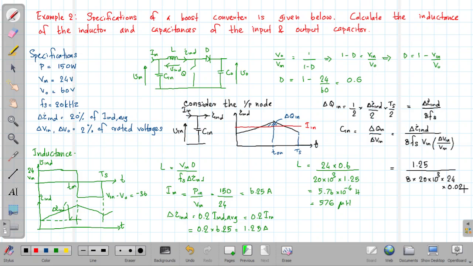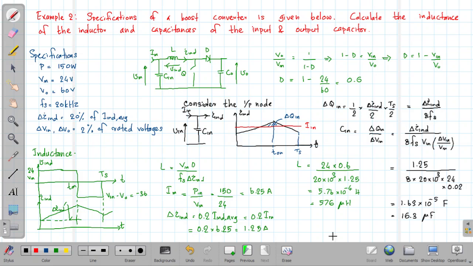So 1.25 divided by 8 times 20 times 10 to the 3 times 24 times 0.02 is equal to 1.63 times 10 to the minus 5 farads, which is 16.3 microfarads. So that's the input capacitor.